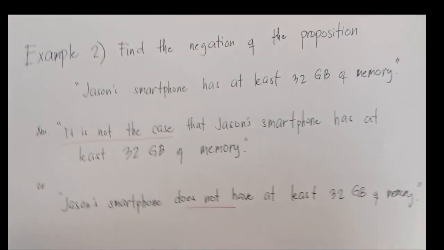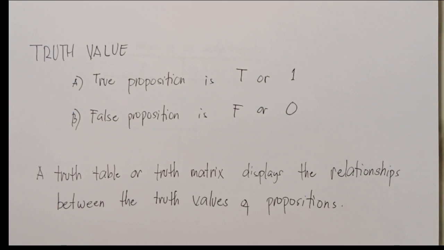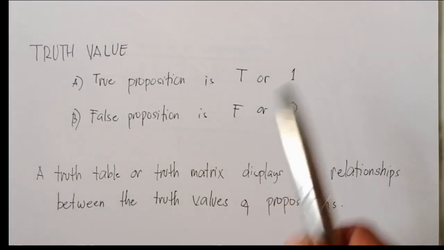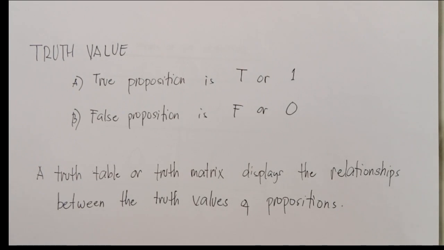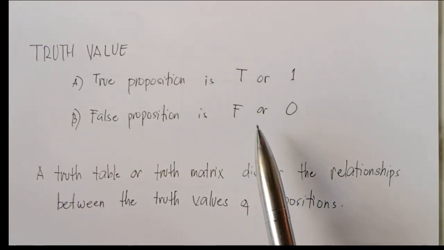Let us now give the value of the proposition, or the truth value. A true proposition is T or 1. A false proposition is F or 0.